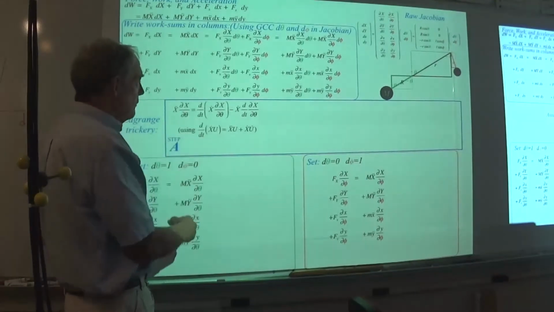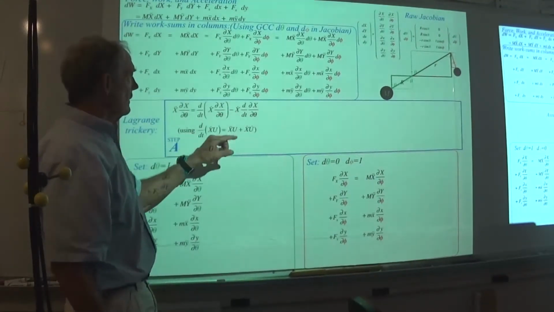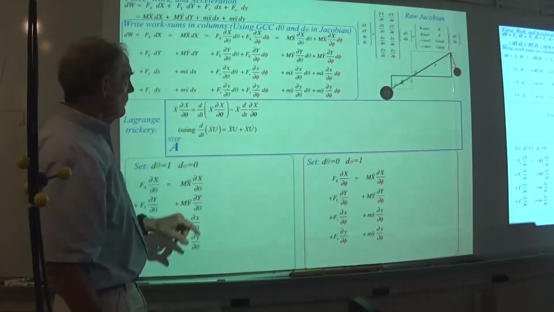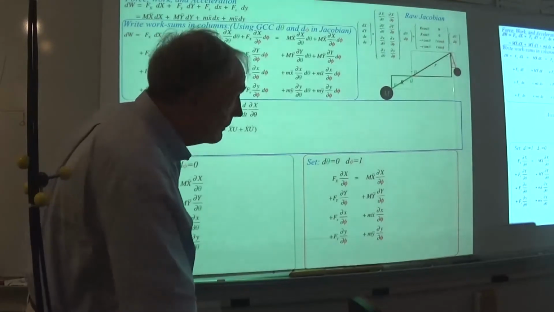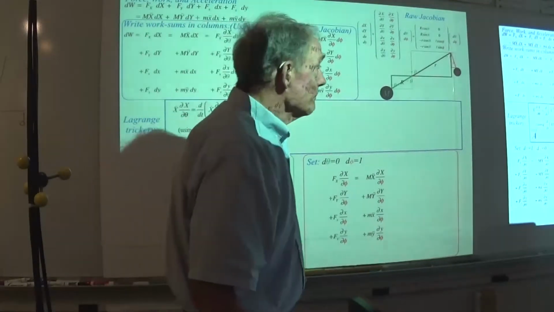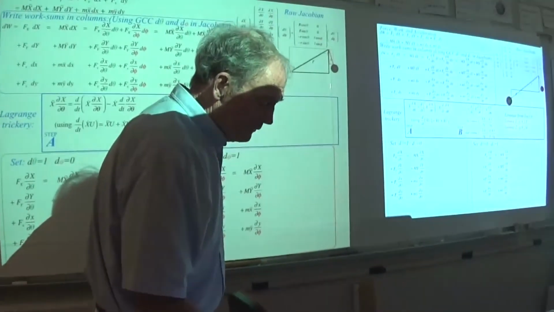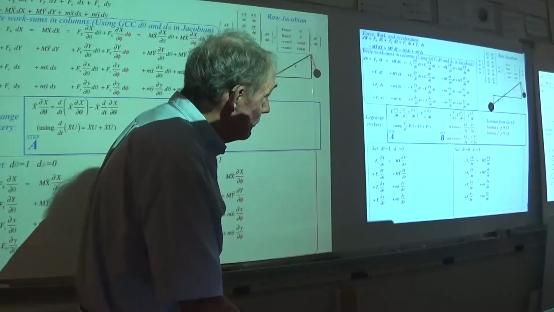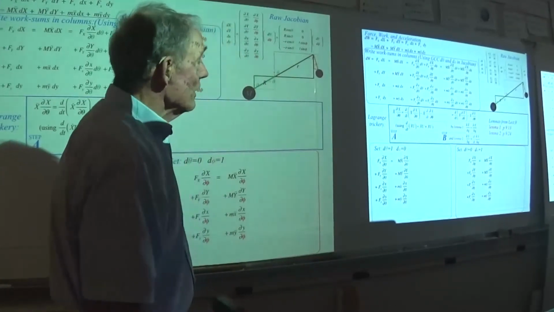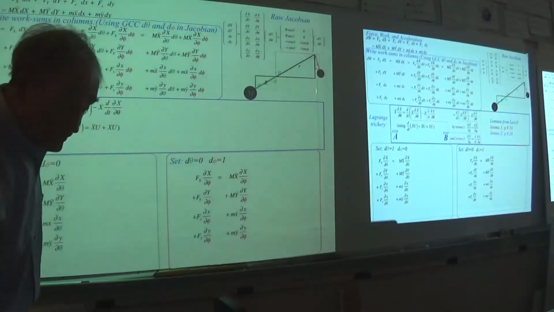So we write that out. This is a time derivative of this thing minus this thing. That's the Lagrange trickery that we talked about before, and lemma 1. I should have called it lemma 1, not axiom 1. Lemma 1 and 2 are all from lecture 9. Quite a few lectures to go; here we are at 14.